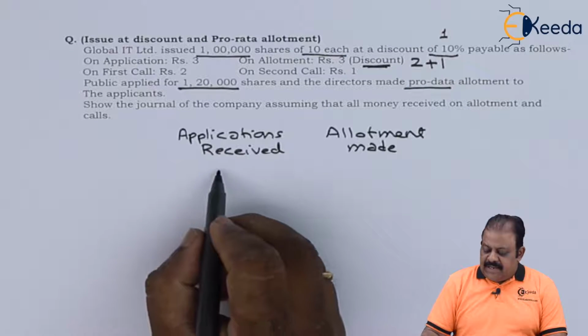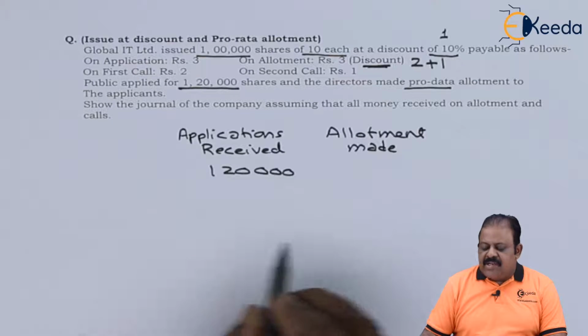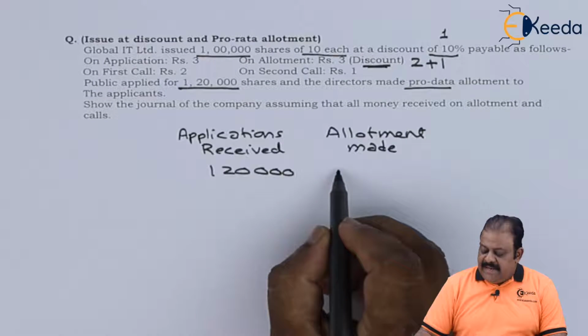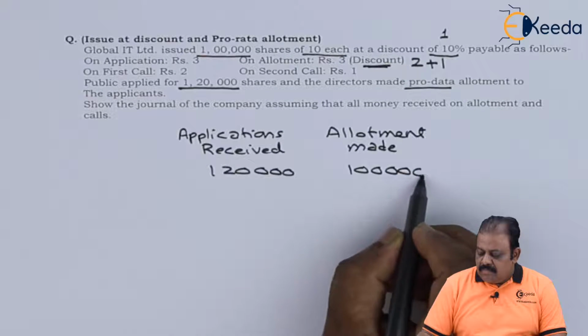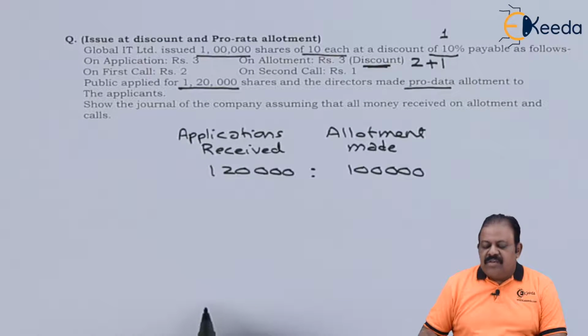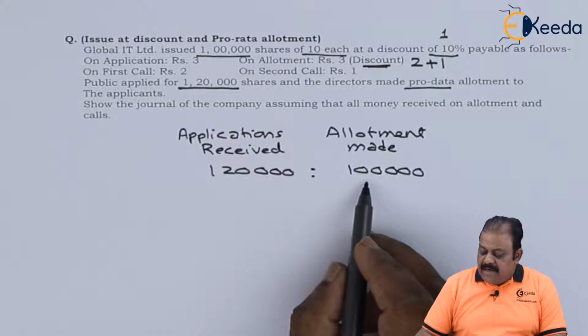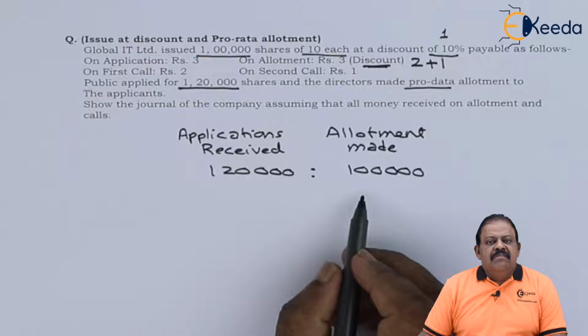Total number of applications received is for 1,20,000 shares. The company intends to allot 1 lakh shares. Applications received are 1,20,000, and allotment is to be made for 1 lakh. So now we can calculate the ratio or proportion of allotment.